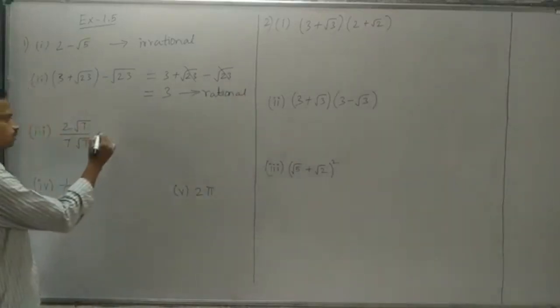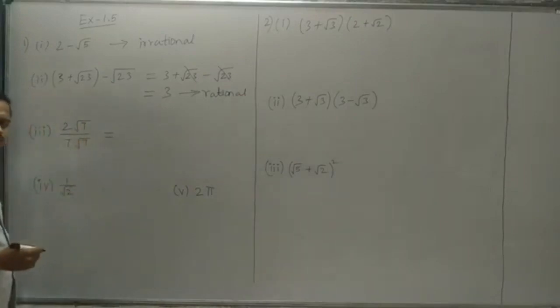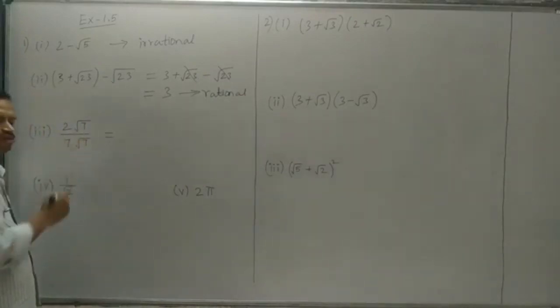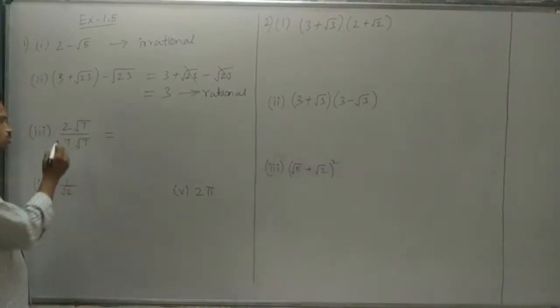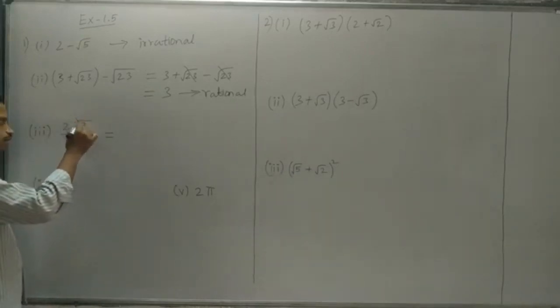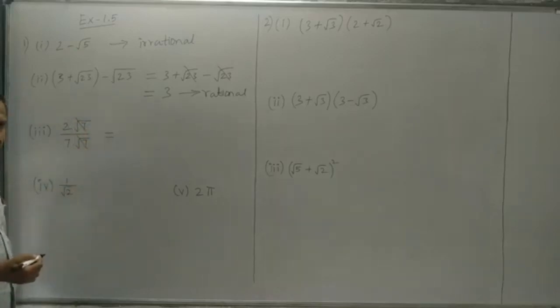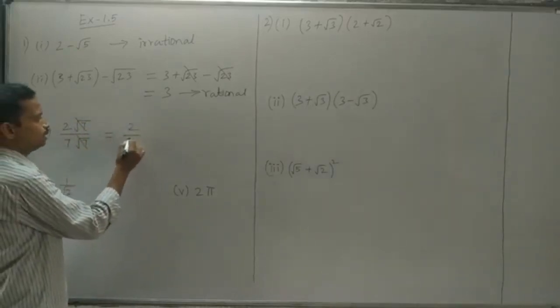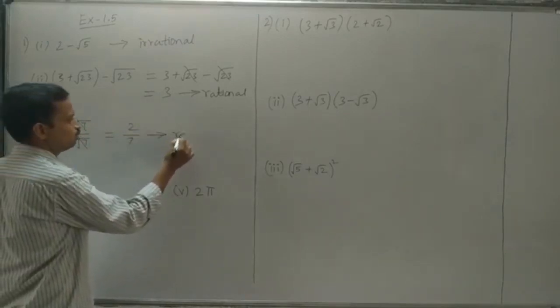So here in the numerator also root 7, denominator also root 7. So 2 into root 7 and this is 7 into root 7. If you cancel the root 7 in both numerator and denominator, we get 2 by 7, which is rational.